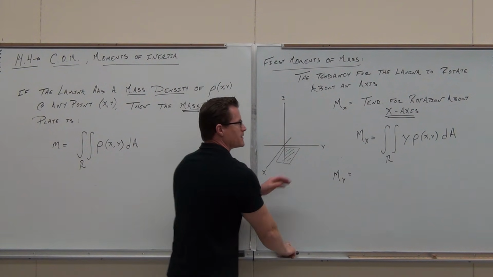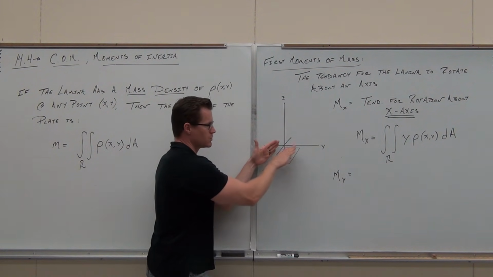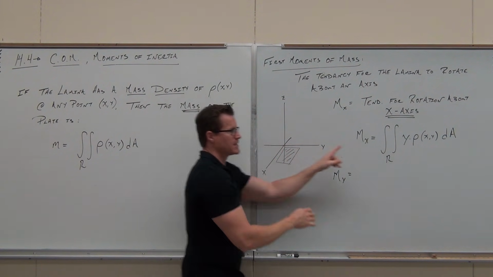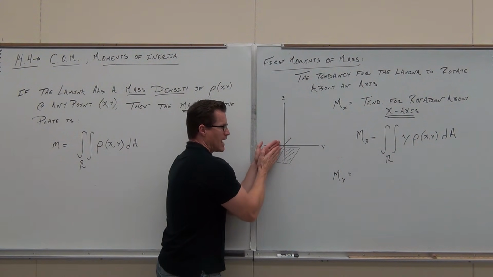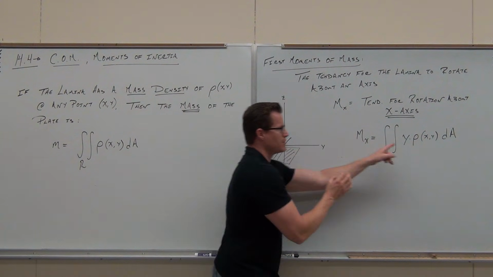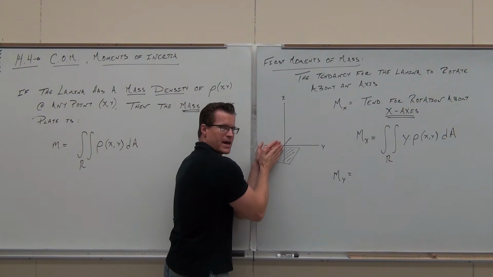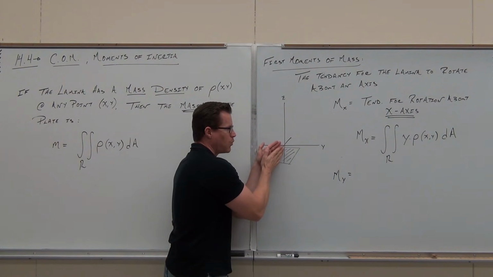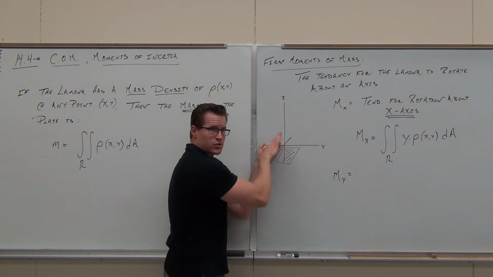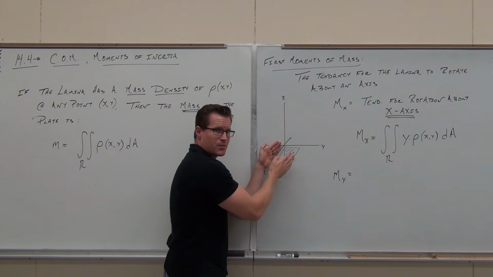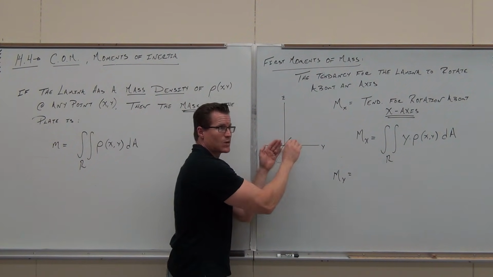If I'm talking about the tendency for this plate to rotate about the x-axis, I'm taking the mass density, but I have this idea that the further the mass density is away from the x-axis, the more likely it is to rotate. That's a y value. As I move perpendicular to the axis of rotation, I move along the axis perpendicular to the axis of rotation. If I'm trying to rotate around the x, the measurement for the mass density is a y value.